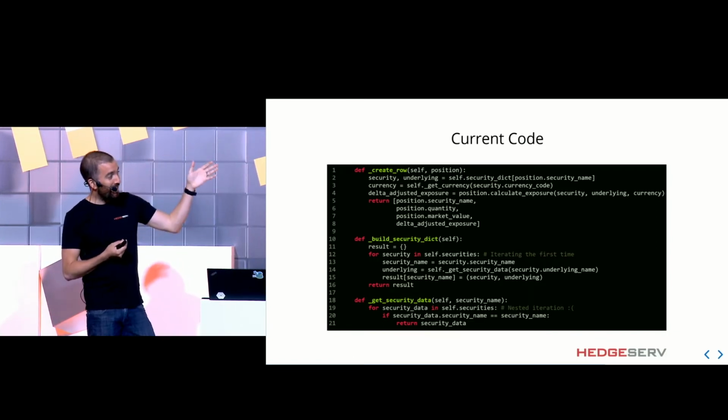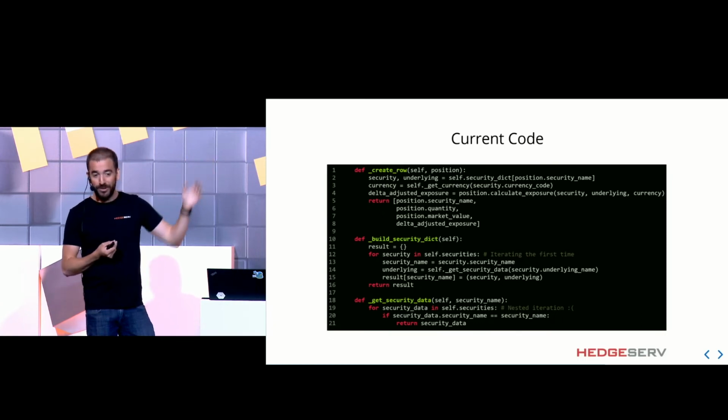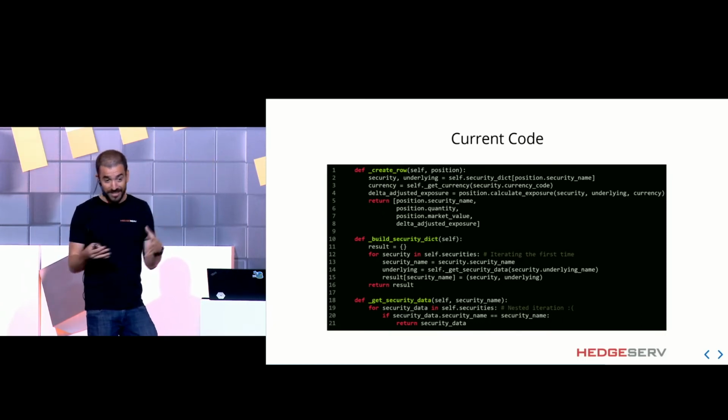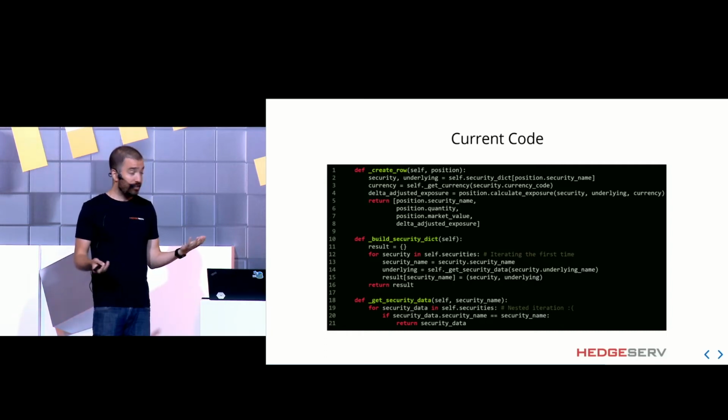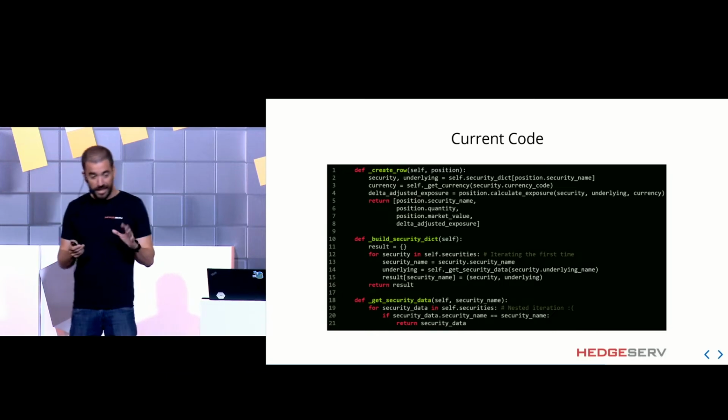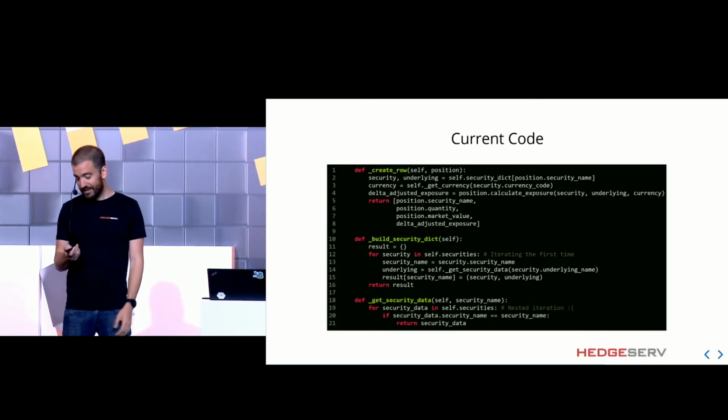You can see we're iterating through the securities, and oh my goodness, we're calling another function. It's also iterating through the same list of securities. That certainly sounds like an n squared, big O thing going on there. It's a little embarrassing, but that's okay, because we can fix it. So let's do some coding.